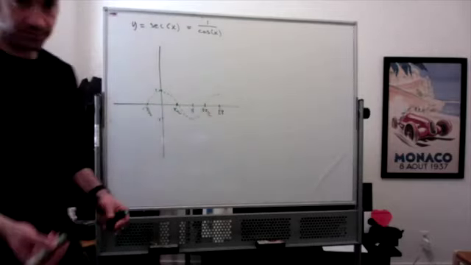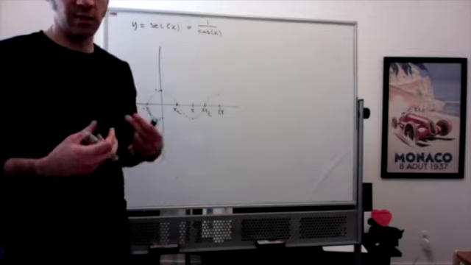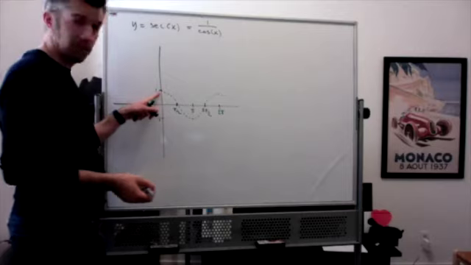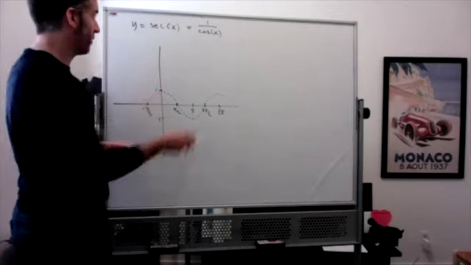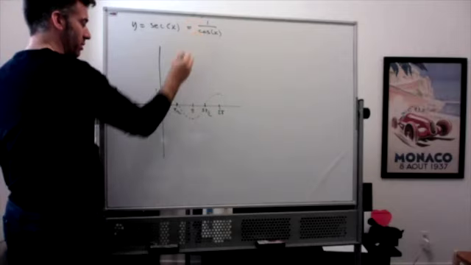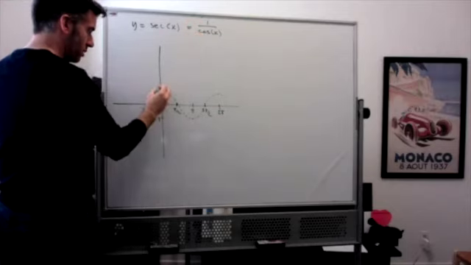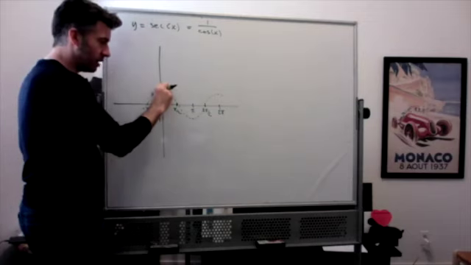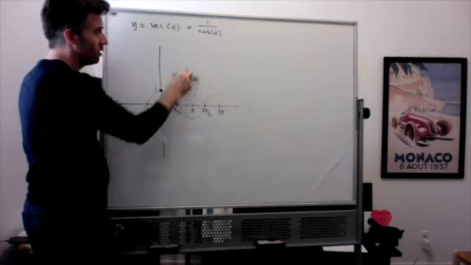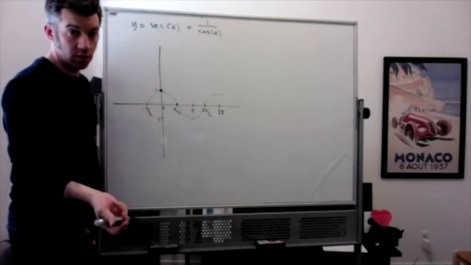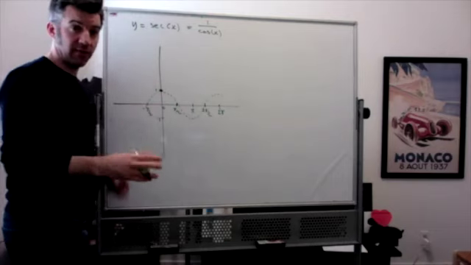And here's the thing. Secant is the reciprocal, meaning the reciprocal of 1 is 1, right? If cosine of 0 is equal to 1, 1 over 1 is also 1. And then here's what's going to happen. As the cosine values get smaller, the reciprocal or the inverse gets larger, right? That's what it means for things to have an inverse relationship.